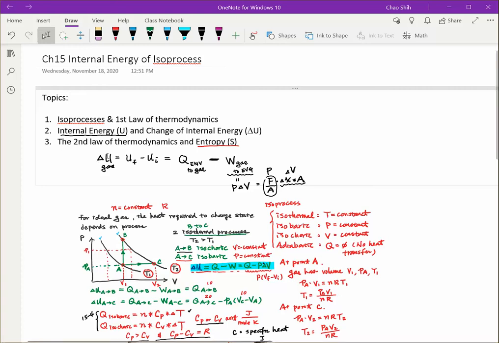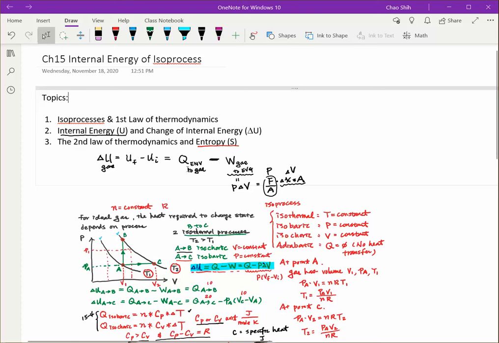That's why we write U_F minus U_I, where I represents the initial and F represents the final. So if you add heat, you can change the internal energy, and it's going to be a positive change because final is going to be larger than the initial.